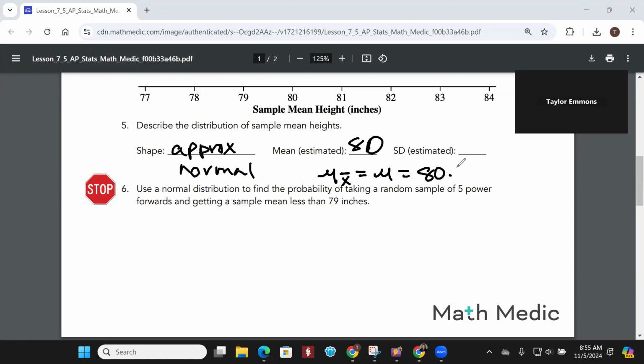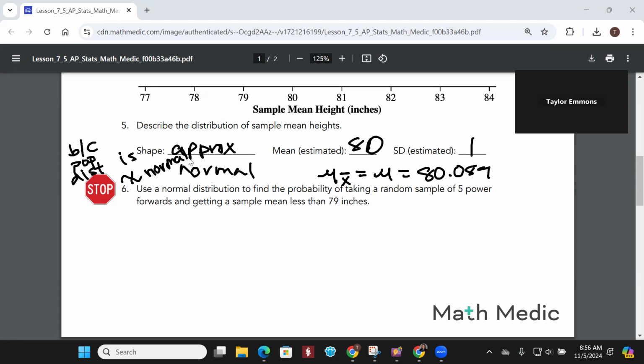This is going to be that 80.087 that we found earlier. Our standard deviation estimated is about 1. The majority of our data falls within 1 unit. And this is approximately normal because the population distribution is approximately normal. Remember, the population distribution is talking about all of the 115 power forwards from earlier.